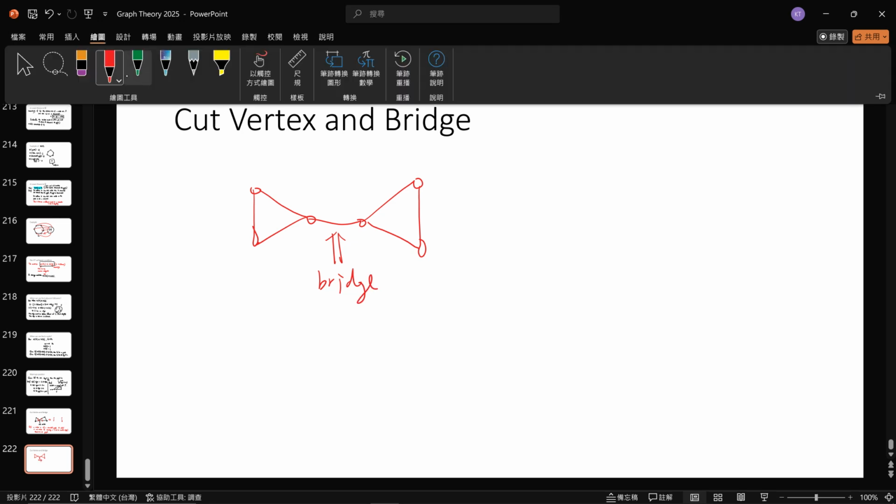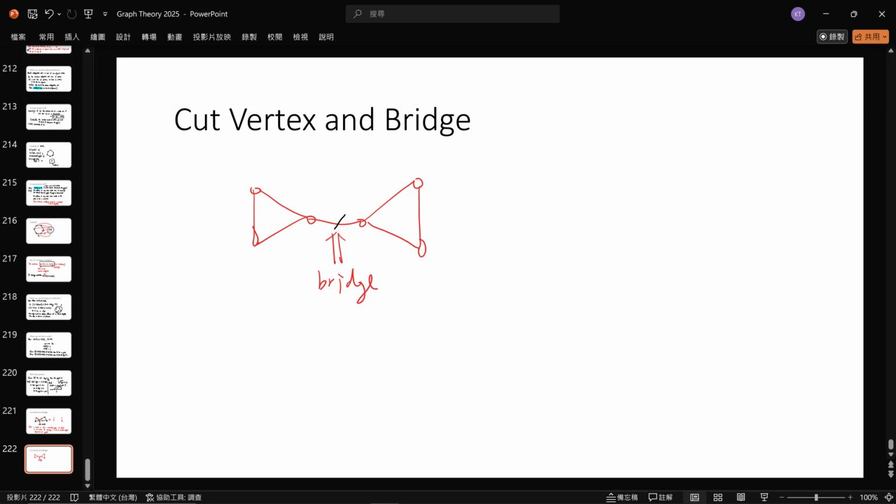So after you remove this bridge, the graph is disconnected, but it still has 6 vertices. You do not remove any vertices, just one edge. And once again, we only consider connected graphs, because if the graph is already disconnected, then you don't need to remove anything.